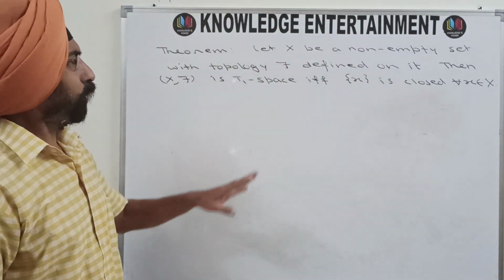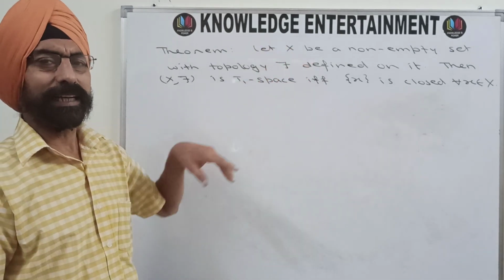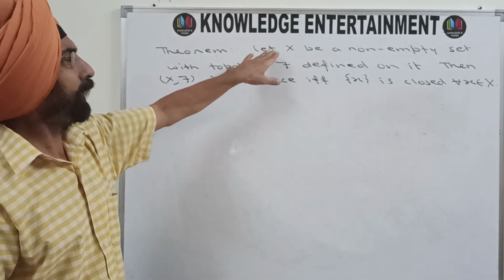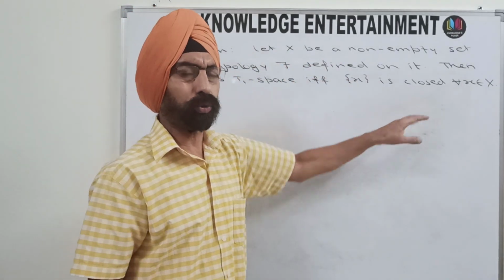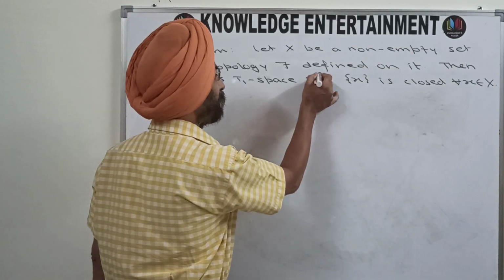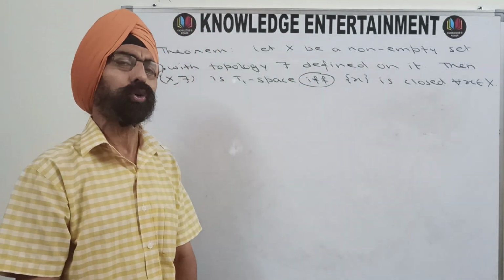So what we want to prove here: if a space is T1, then if you take any point small x from the set X, the singleton set {x} will be closed. And since you are having here if and only if, that means the converse is also true.